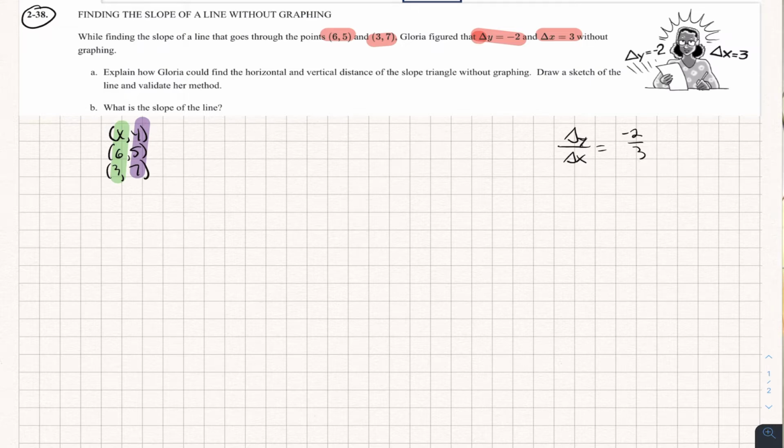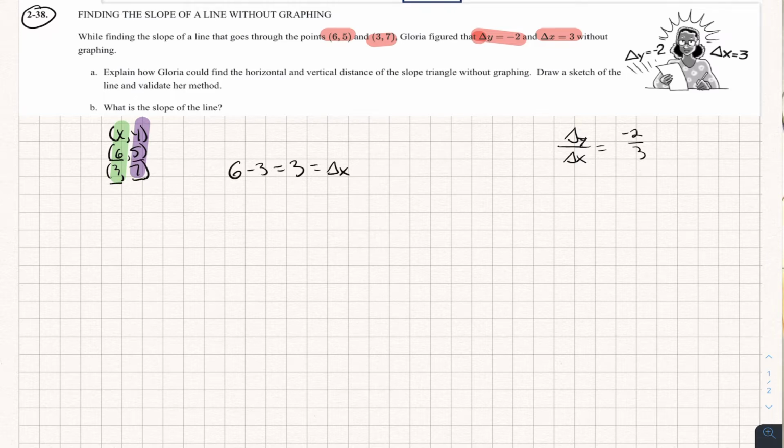So if we take a look, the difference in my x values, to set that up, I would have 6 minus 3 is 3. So my delta x is 3, and that lines up. And since I did 6 minus 3, my top one minus the bottom one, I'm going to do the same thing for delta y.